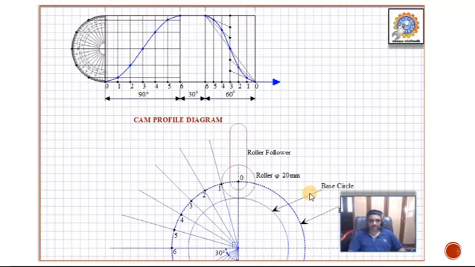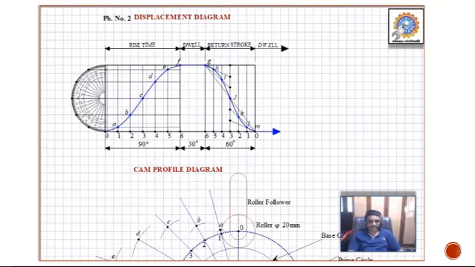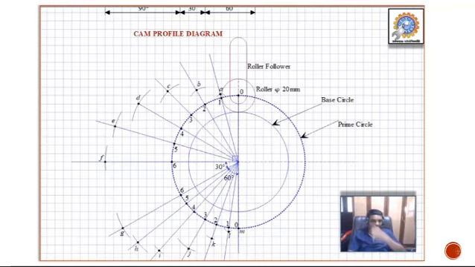Now by referring to our displacement diagram, we need to take that distance. Measure the distance 1 to A and mark it over the cam profile diagram, 1 to A, like that. For both rise time as well as return stroke, we need to mark the respective points and draw rollers. After referring to the displacement diagram, I have respectively marked 1 to A, 2 B, 3 C, like this.